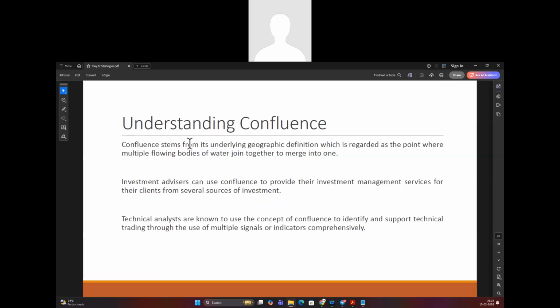Confluence stems from its geographic definition, a point where multiple flowing bodies of water join together to merge into one. Ganga, Yamuna, Kaveri together. Investment advisors can use confluence to provide investment management services for their clients from several sources of investment. Technical analysts use the concept of confluence to identify and support technical trading through multiple signals or indicators comprehensively.